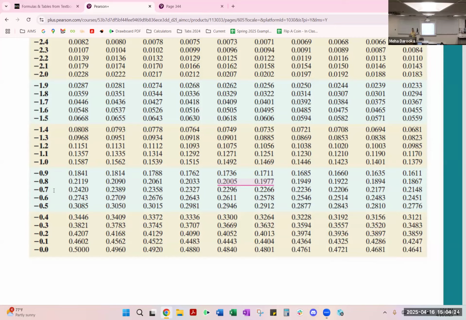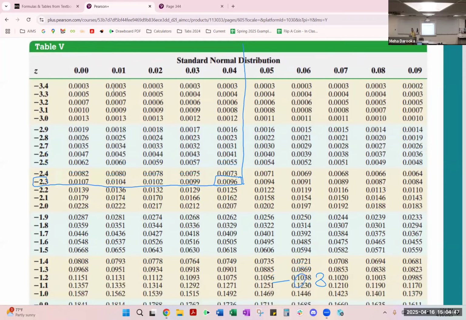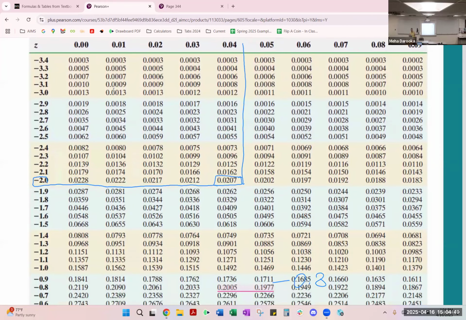So you will see on the left-hand side, it corresponds with negative 0.8. Not 0.08, just negative 0.8, and then on the top, it's going with 0.04.